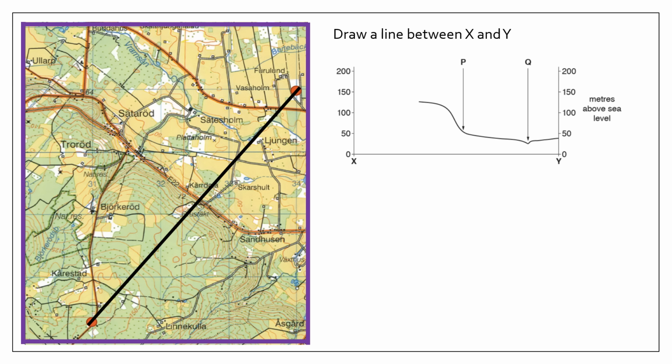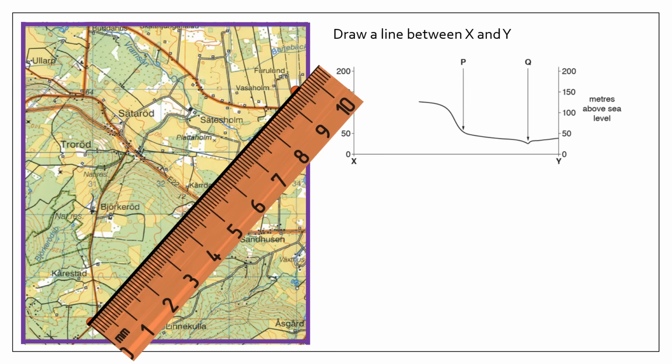Again, that helps me to focus. I would put my ruler along that line. And remember, I said exactly the same distance between X and Y on the map as it is on the figure. And so at P, 5 centimeters along, I can see the E22 road. Again, I'm having to identify a feature, not a landform. And at 8.1 centimeters, I can see there is a river.